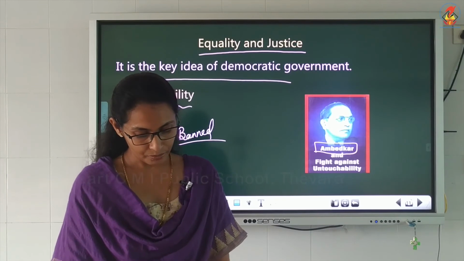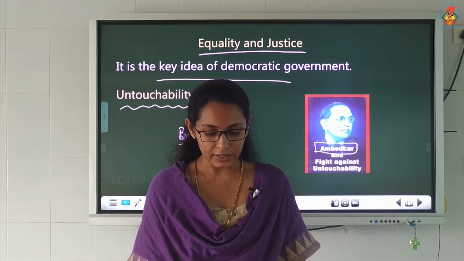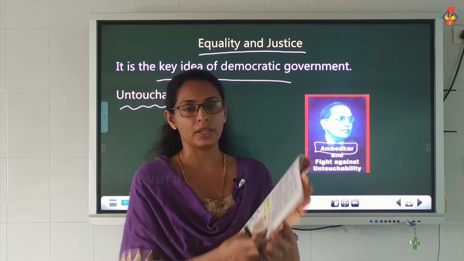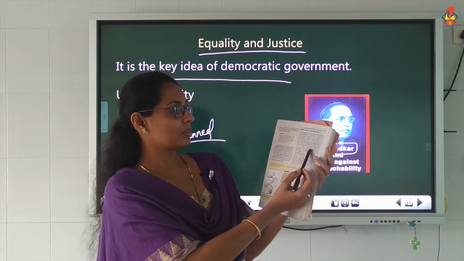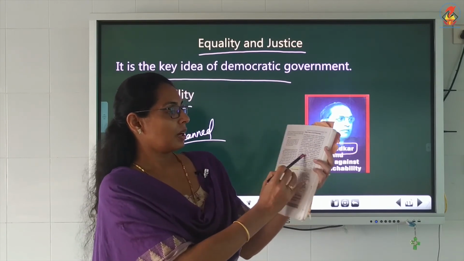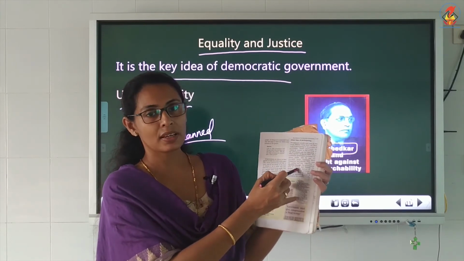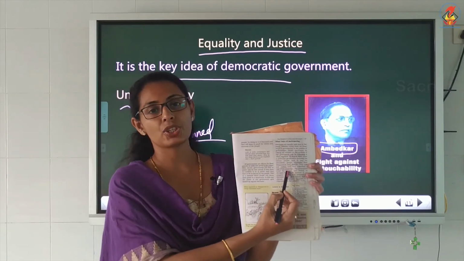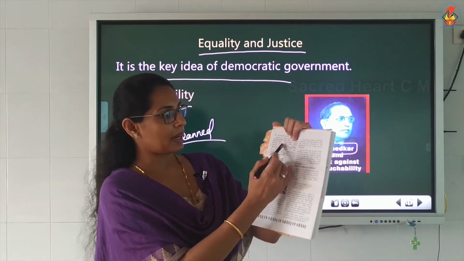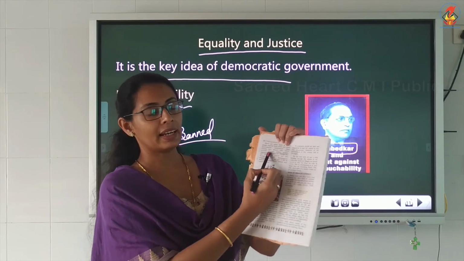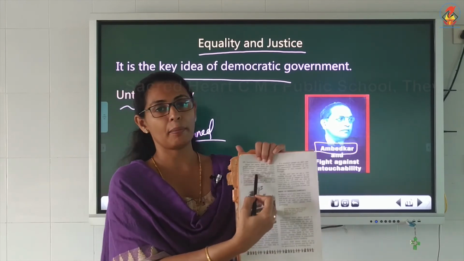Now take your chapter, page number 38, other ways of participation. Read this and underline rally, signature campaigns. Here rallies and signature campaigns are there, underline, then turn the page. In this paragraph, fifth line, underline dharna, rally, strikes, signature campaigns.